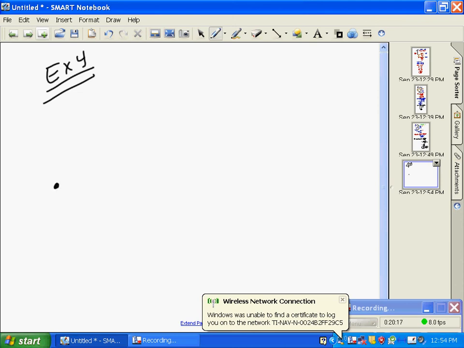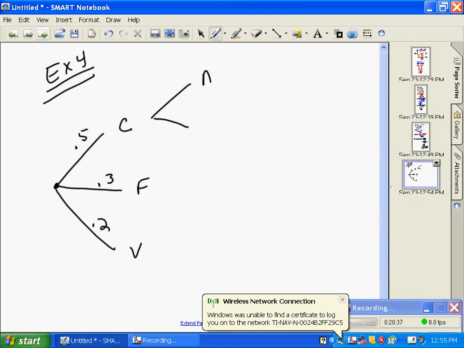So let's stop right there, and I'm thinking tree diagram. I have Chevrolets, I have Fords, and I have Volkswagens. Now, I'm not going to use percents, I'm going to use decimals: 0.5, 0.3, 0.2. Some of the cars are air conditioned and others are not, so we either have air or we don't.